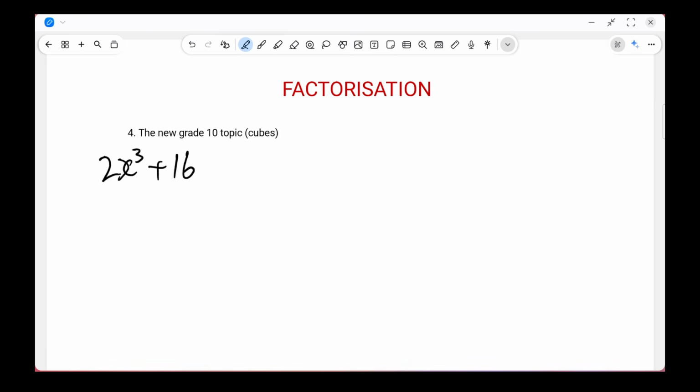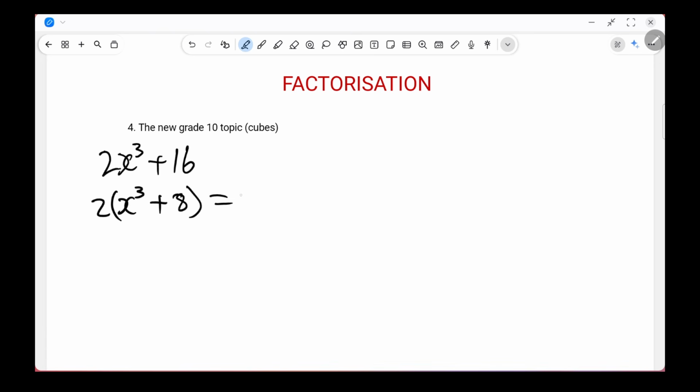We must take out the common factors. Here we will take out 2. We're left with x cubed plus, when we take out 2 we divide 16 by 2, which is 8, and then we can start to factorize.